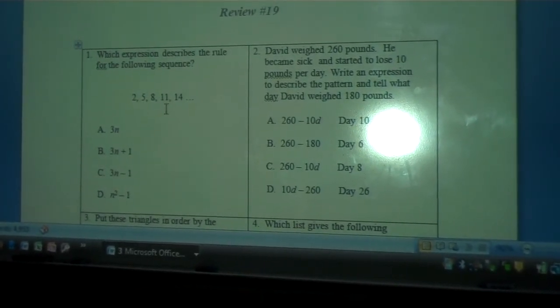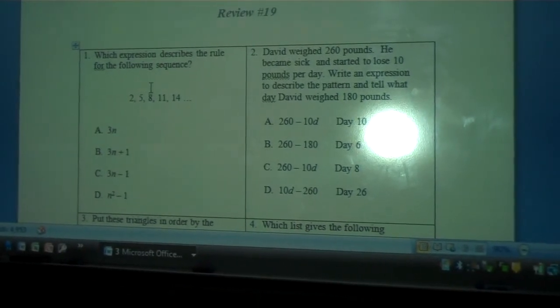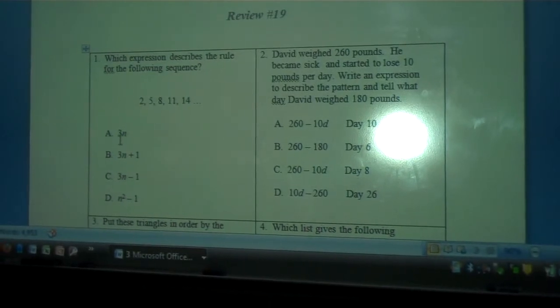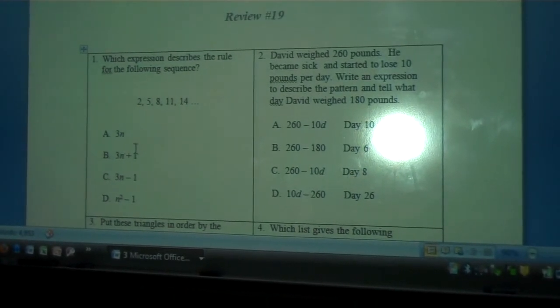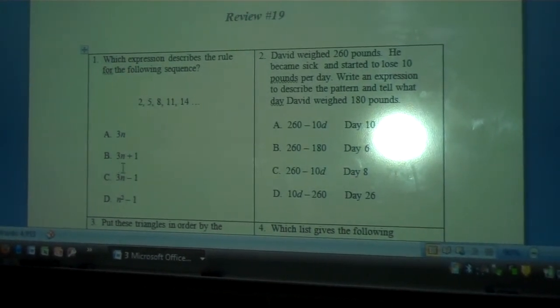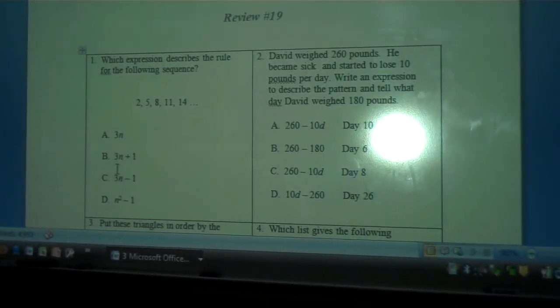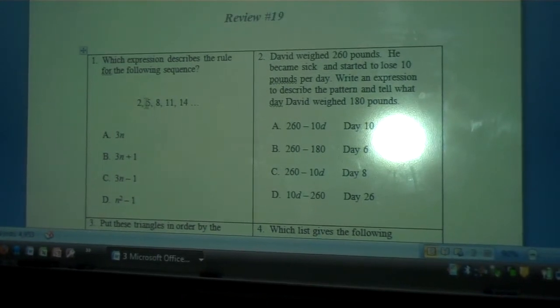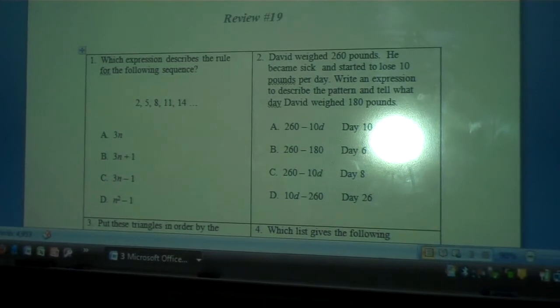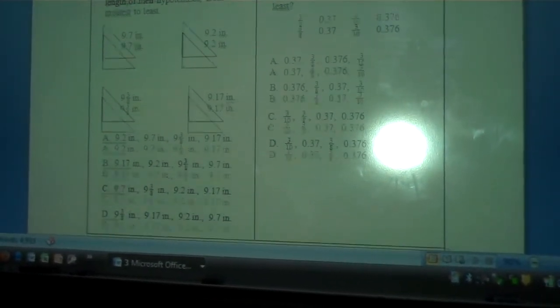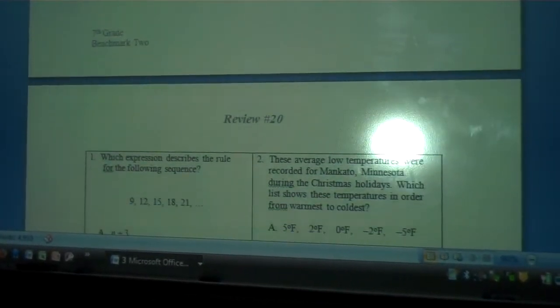But we'll have to go through and say, okay, in position 3, if we put it in here, we should get 8. 3 times 3 is not 8. 3 times 3 is 9 plus 1 is not 8. 3 times 3 is 9 minus 1 is 8. That works. Let's try 2. 3 times 2 is 6 minus 1 is 5. Let's try 1. 3 times 1 is 3 minus 1 is 2. You can see it works just the opposite of what we were doing. You either have the rule and you're finding the sequence, or you have the sequence and you're finding the rule.